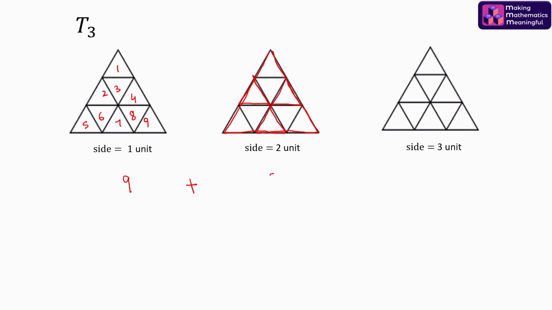So, there are 3 such triangles, and with side 3 units, of course, the largest triangle. So, the total number of such possible triangles in this case is 13.